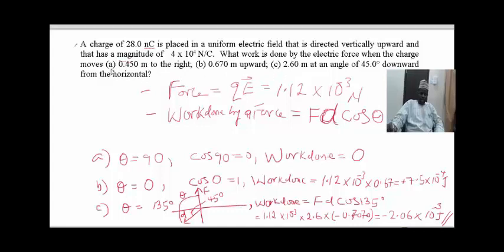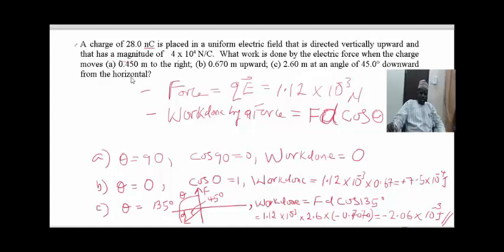Direction A, we move it through 4.5 meters to the right. B, we move it through 0.7 meters upward, and the third direction is 2.6 meters at an angle of 45 degrees downward.